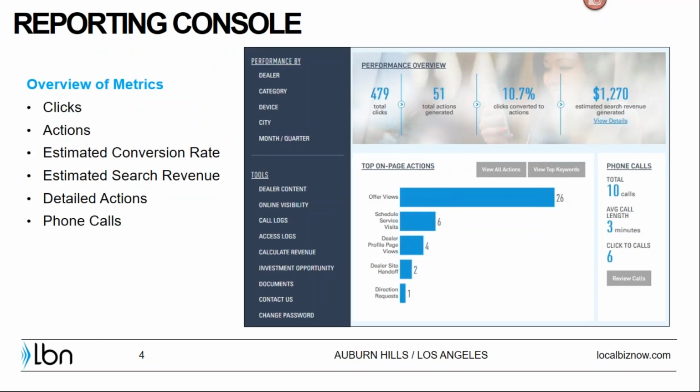Giving you a little bit closer of a view of the overall metrics. Clicks are anytime someone has clicked from the search engine results page to the VW Service Deals page, so you can see your clicks. Actions is anything that a consumer does once they come from the search engine.